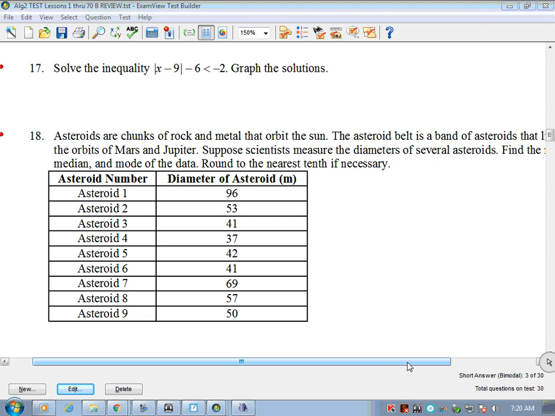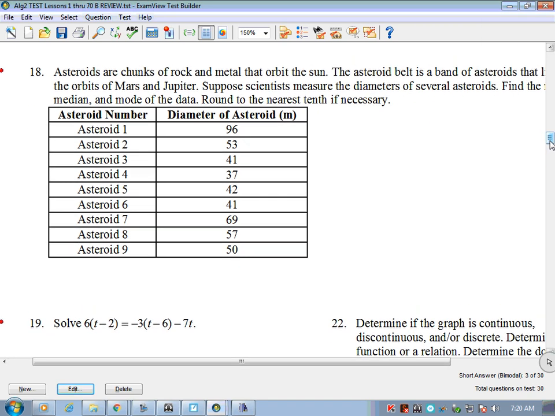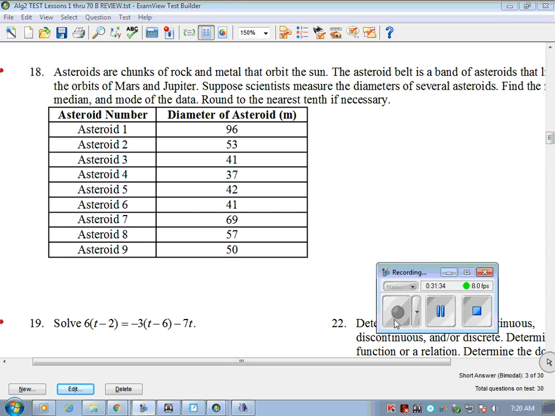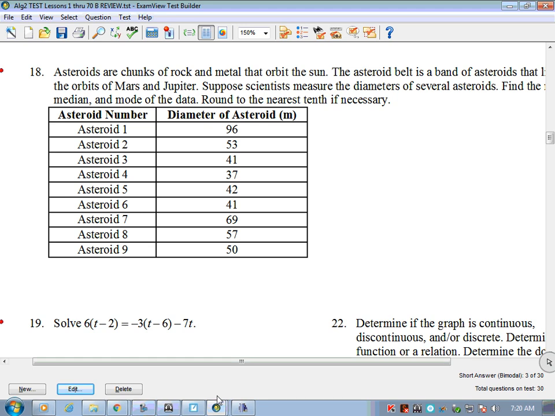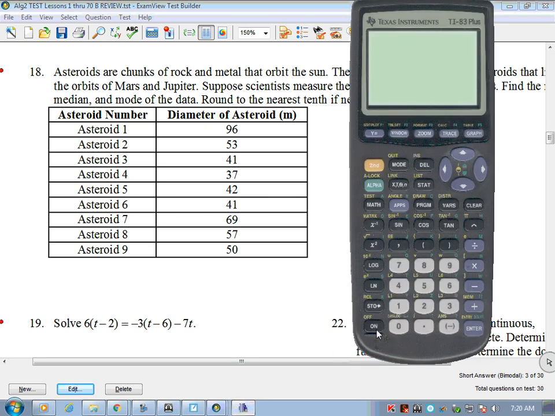All right. Number 18. Give me a second here. Alright, for this question we're going to use our graphing calculator, or you can go the long way around it if you don't have one. That's why I've recommended you guys getting one. Alright, we're going to hit Stat. We want to edit our list. Okay, and we're going to input all of our data here.